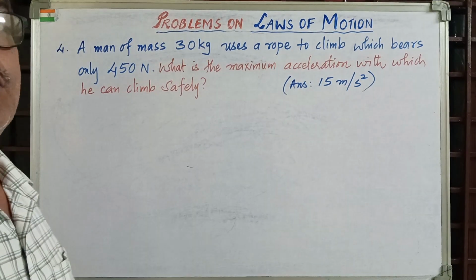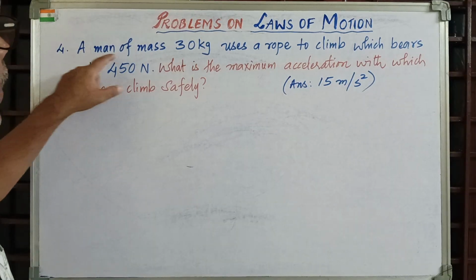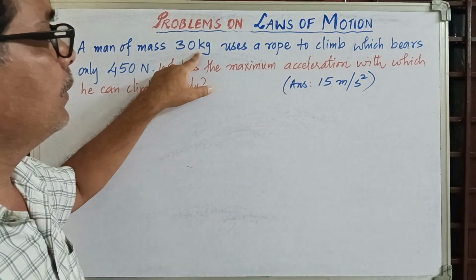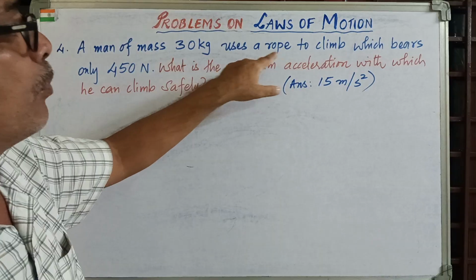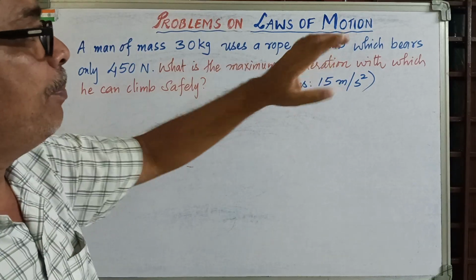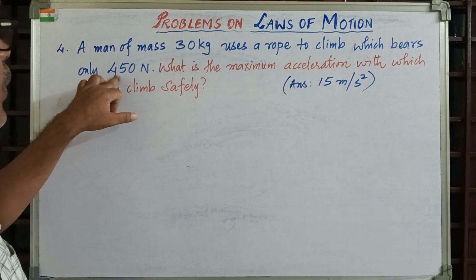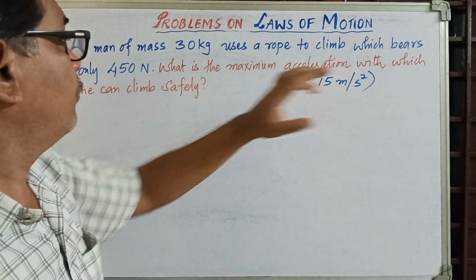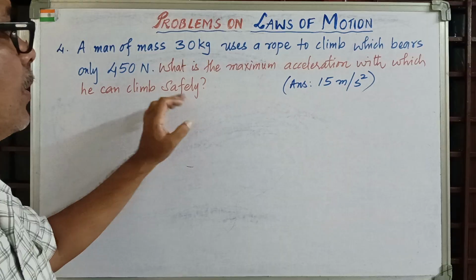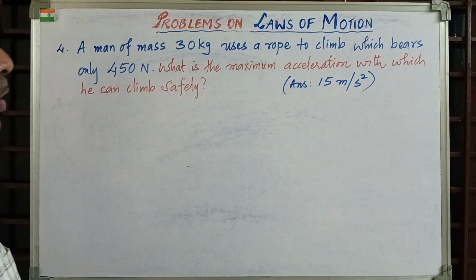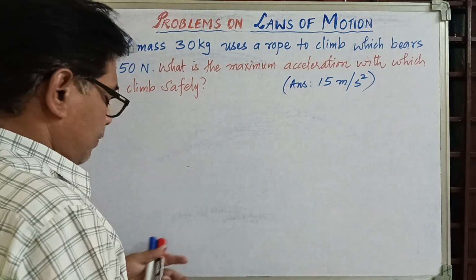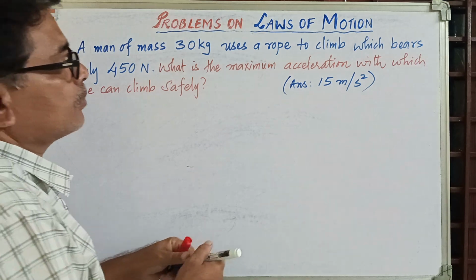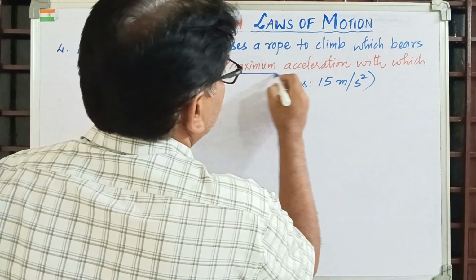Now we will see fourth problem. A man of mass 30 kg uses a rope to climb which bears 450 Newton. What is the maximum acceleration with which he can climb safely? So we are supposed to find maximum acceleration.